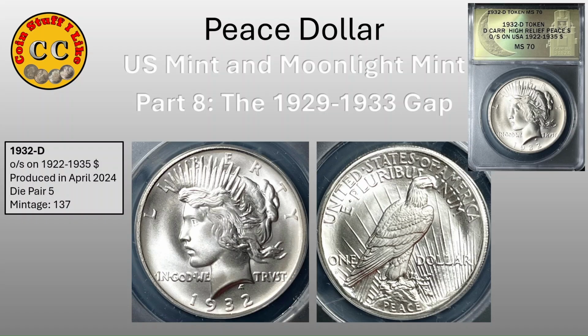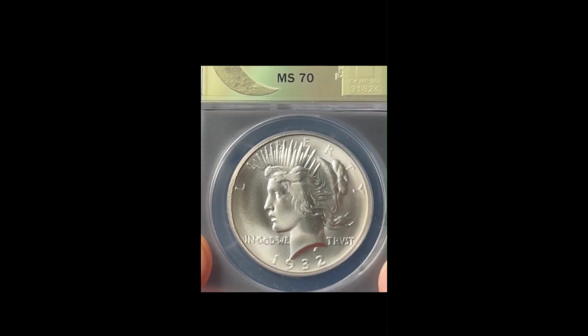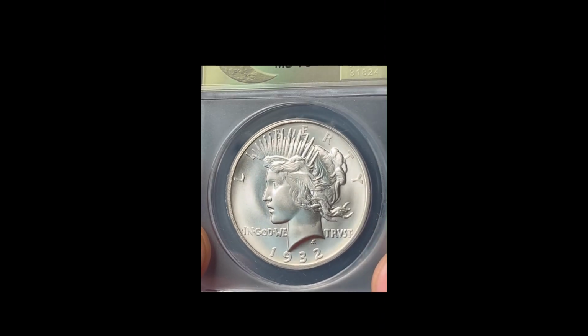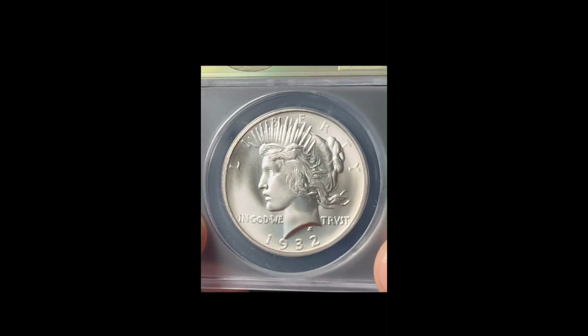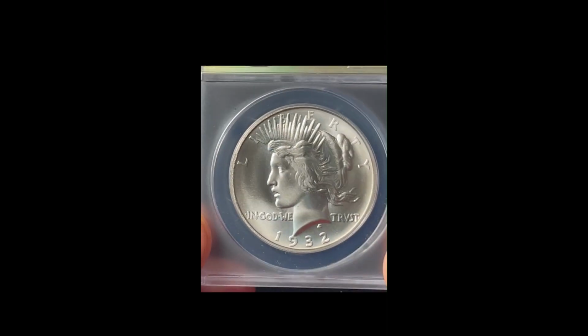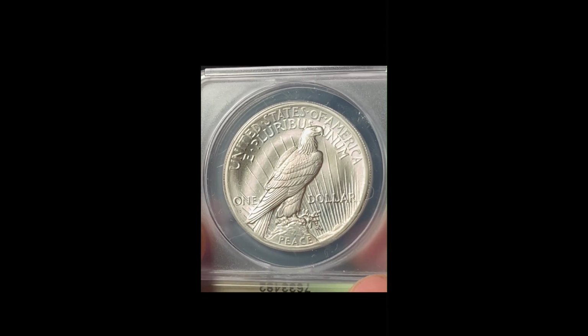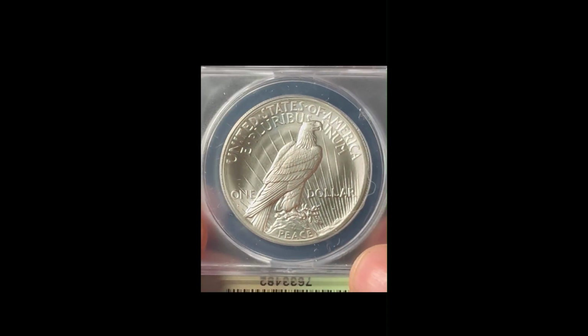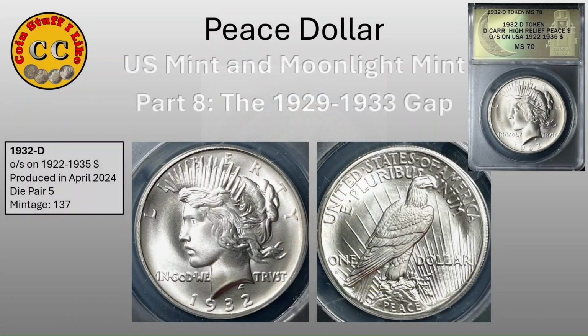This one had a mintage of 137, still very low mintage. This one made MS70. Beautiful coin. Let's take a look at some video. Yeah, what did I tell you? That was a beautiful coin.